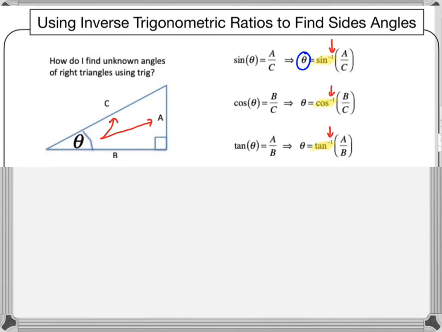Find the angle whose cosine is B divided by C, and find the angle whose tangent is A divided by B. And when I say whose tangent, that's going to be the ratio of the sides.